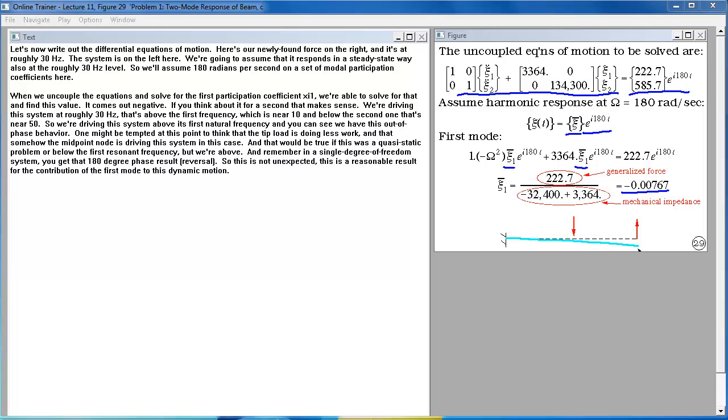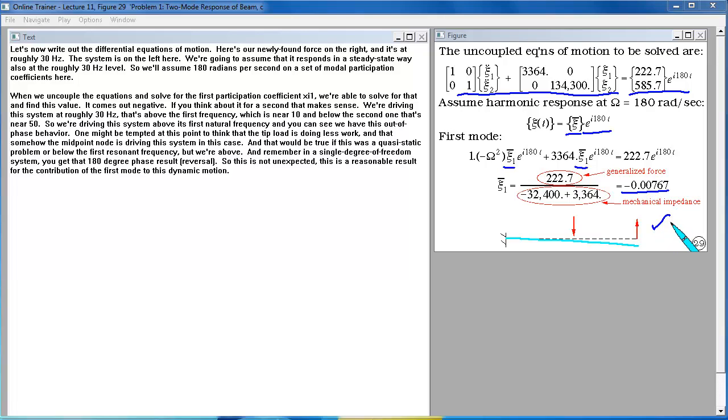One might be tempted at this point to think that the tip load is doing less work and that somehow the midpoint node is driving the system in this case. And that would be true if this was a quasi-static problem or below the first resonant frequency, but we're above. And remember, in a single degree of freedom system, you get that 180-degree phase reversal. So this is not unexpected.